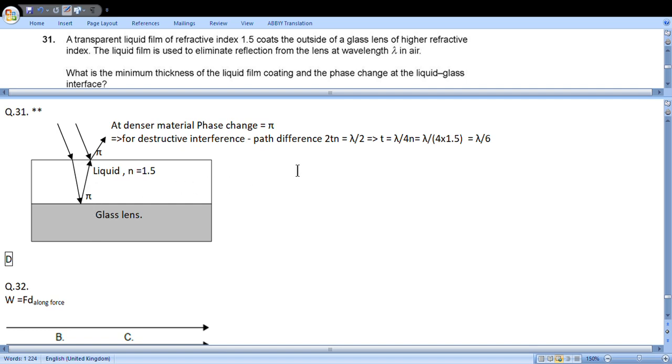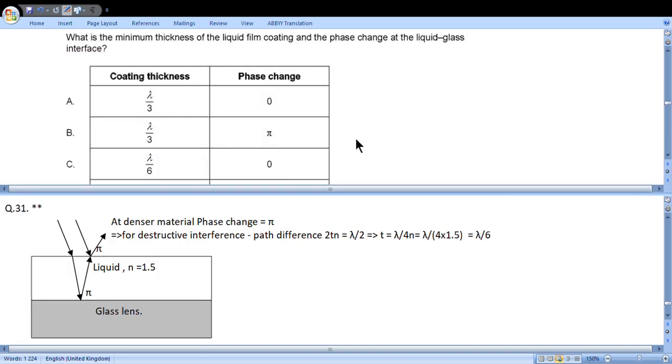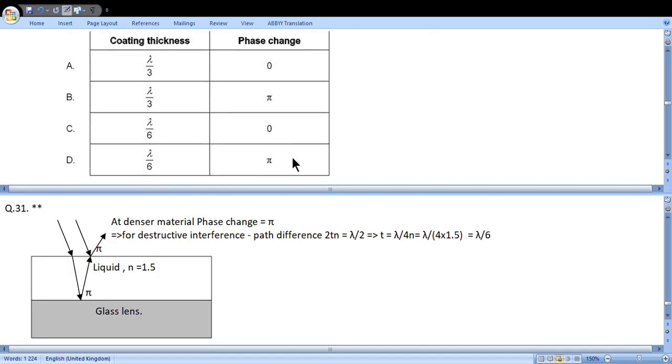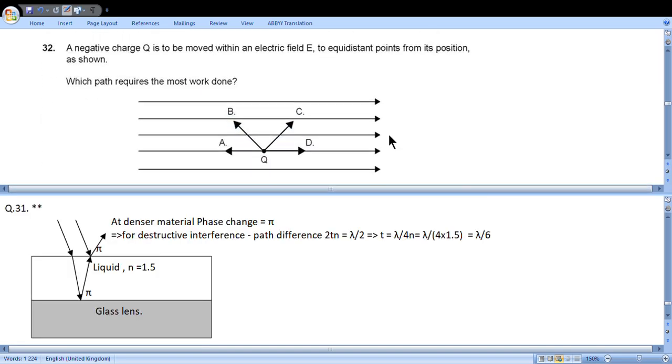The path difference is 2nt, where n is the refractive index and t is the thickness. This is a formula that they give. Path difference should be lambda over 2, and we get thickness lambda over 6. So we choose lambda over 6 and pi. So choice D.